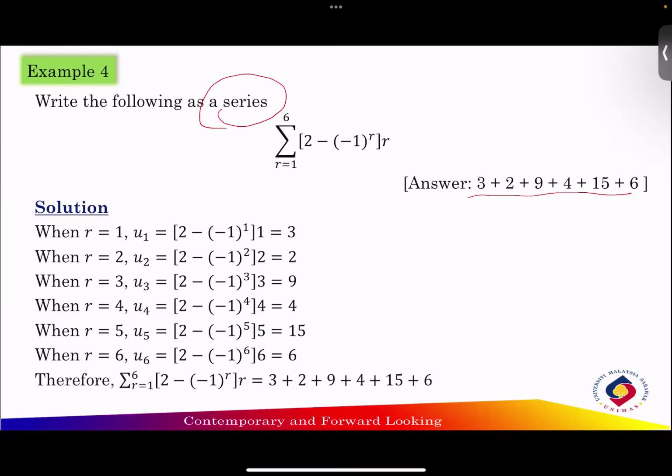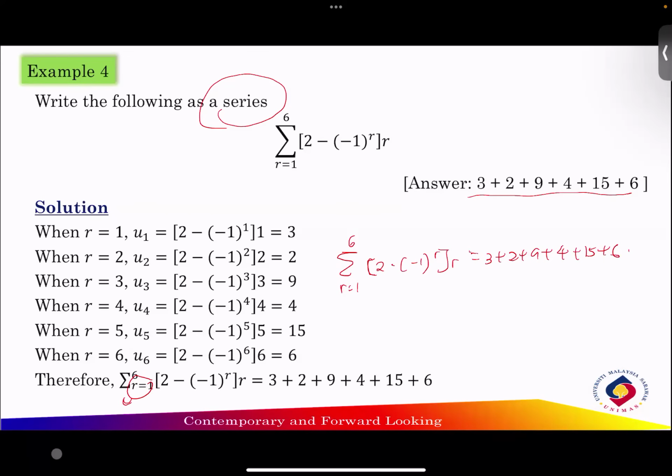So here we go. You rewrite by using this formula. Sigma, r equal to 1, up to 6, of 2 minus bracket minus 1 to the power r, is equal to 3 plus 2 plus 9 plus 4 plus 15 plus 6.